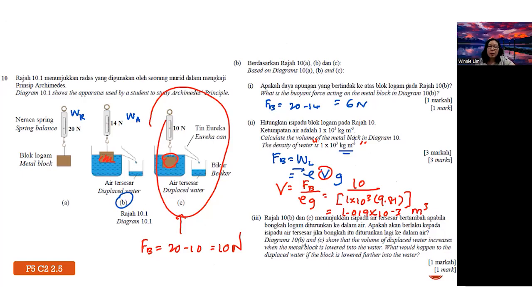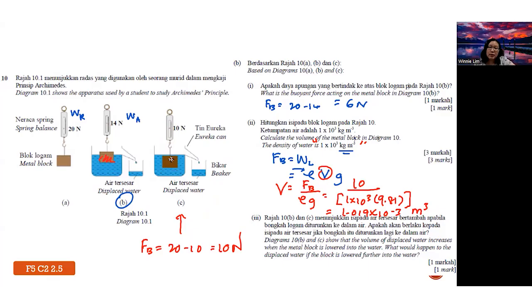Okay, then diagram 10B and C show that the volume displaced of water increases when it is lowered into the water. But what if you continue to lower this block now? I erase this. So the idea will be, what if you continue to move this block even lower now?